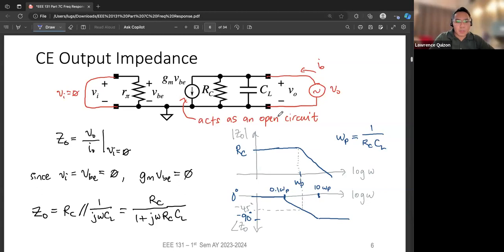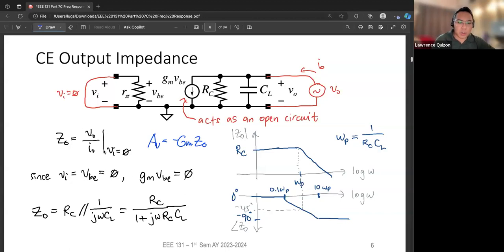Since AV is equal to negative GM Rout, in this case it's now an impedance Zout, right, because it's RC parallel CL. Then we can attribute the appearance of the pole to the CL changing the output impedance.